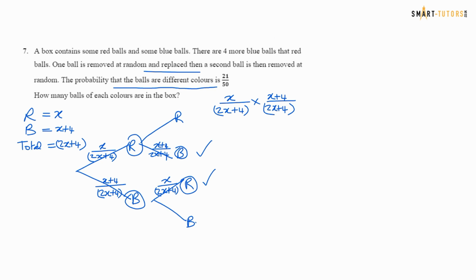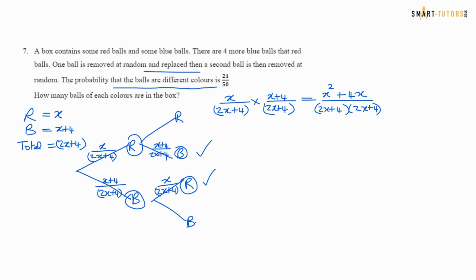and this will give some idea, x squared plus 4x, and now this one, this times this, let me put this one as it is, like 2x plus 4 and 2x plus 4, right?